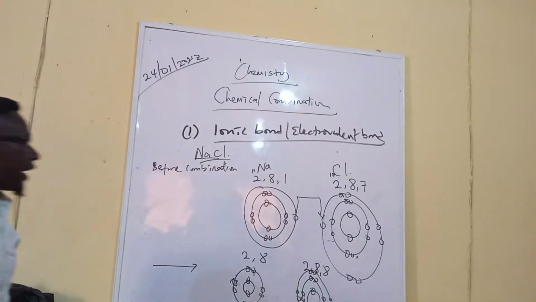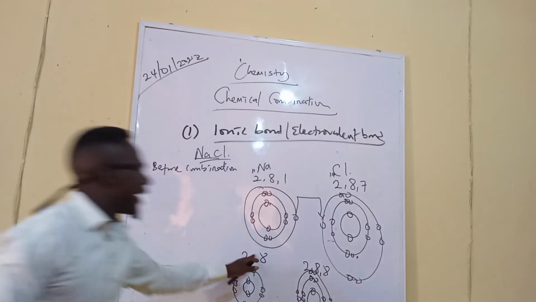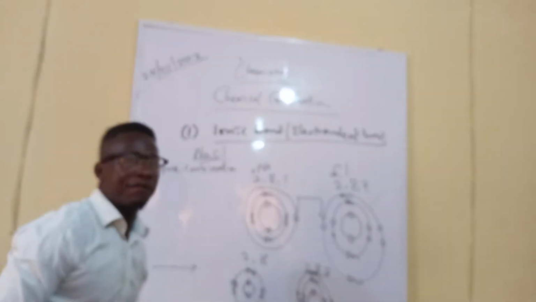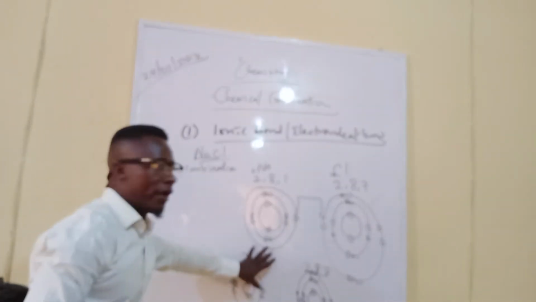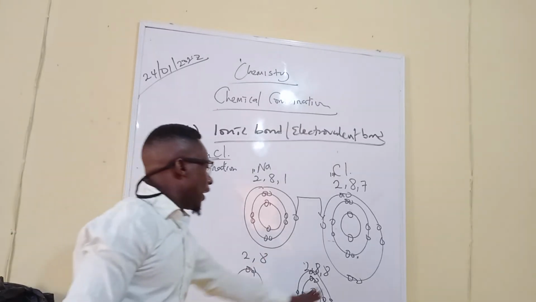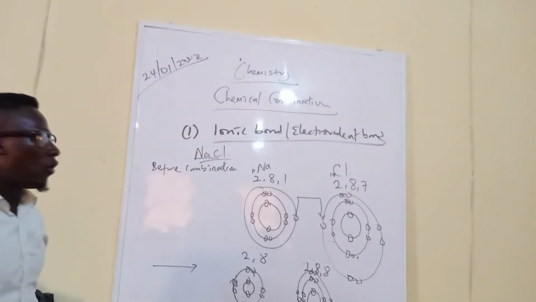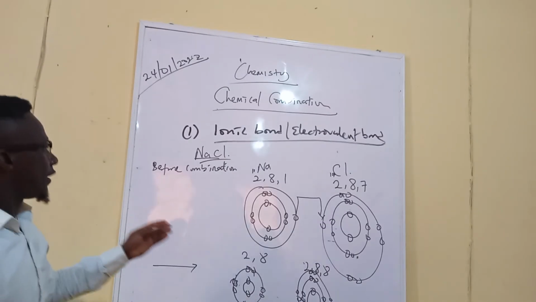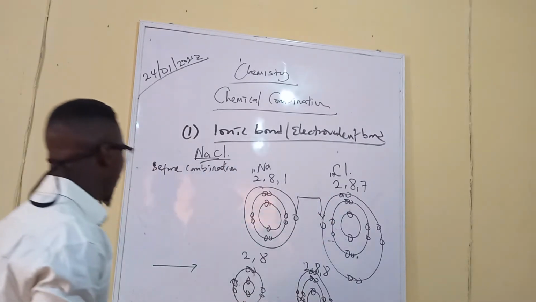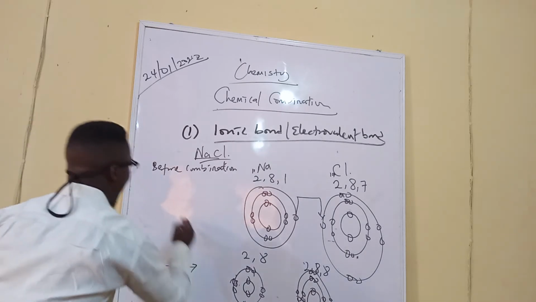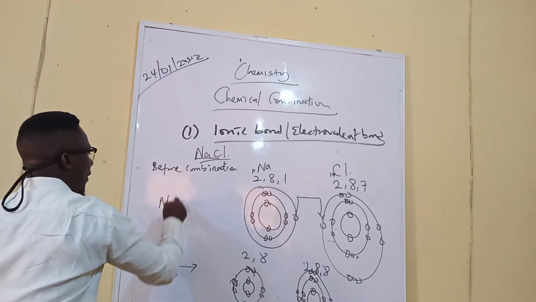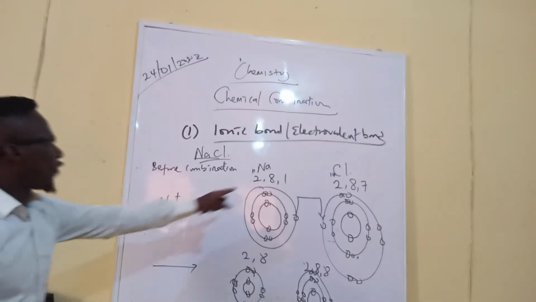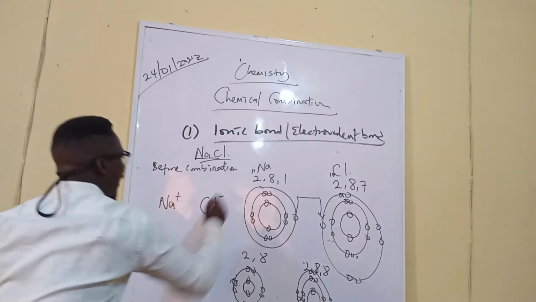Now you can see that they are now stable because their valence electrons have become 8 and 8 respectively. So the compound is now stable, but as a result of the transfer of electron that is taking place, sodium becomes a positive ion, while chlorine becomes a negative ion.